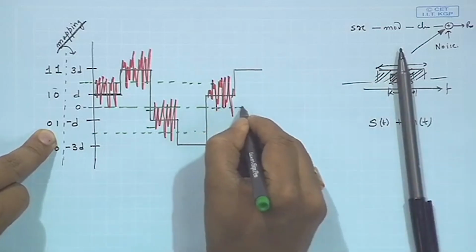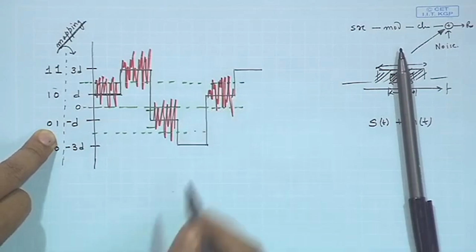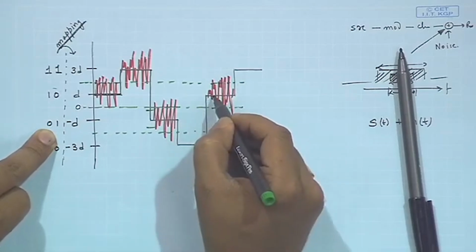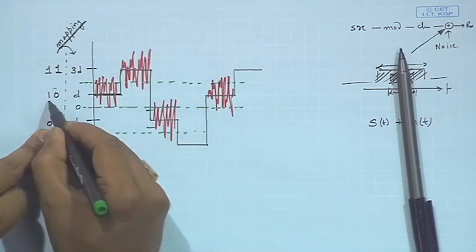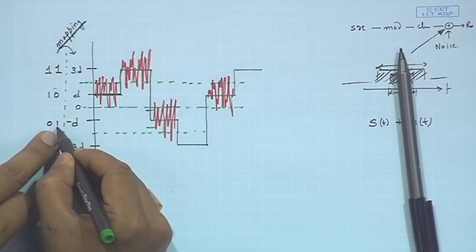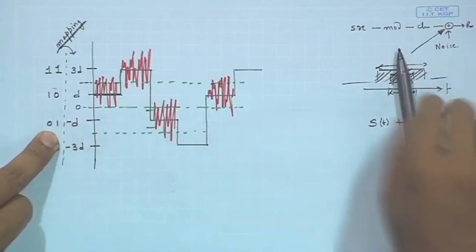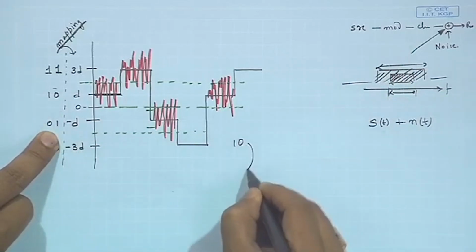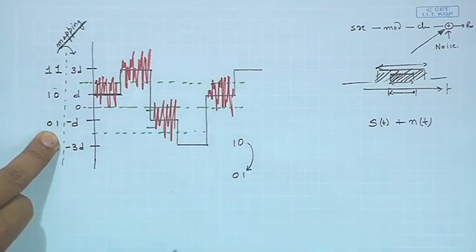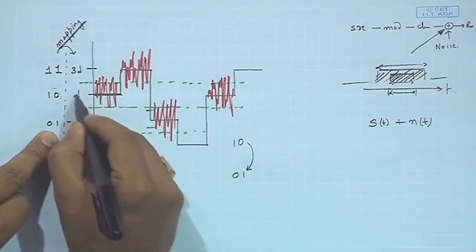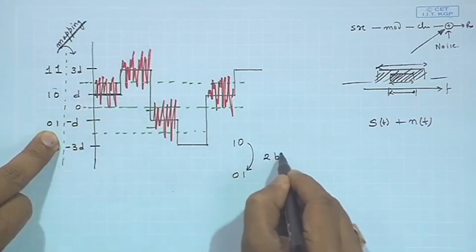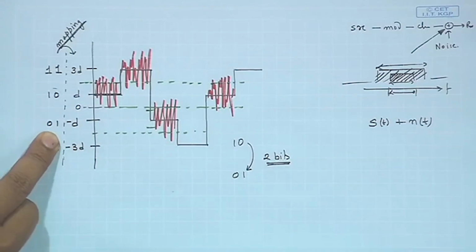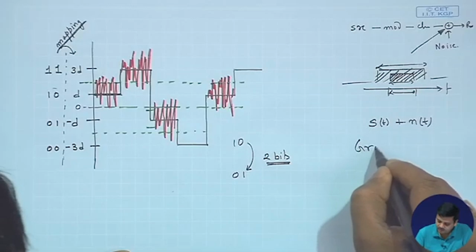So, this is a decision threshold. If D gets detected as minus D, it gets detected as minus D when this threshold is crossed. So, it is 1 0 and it is 0 1. So, a 1 0 gets detected as 0 1. That means, when this symbol goes into error, 2 bits go into error, right. So, there is a concept known as gray coding.